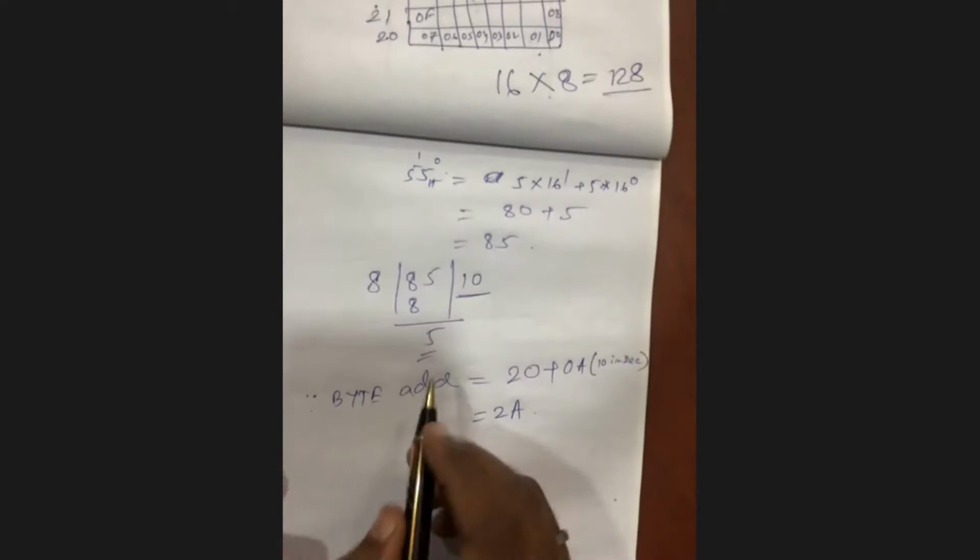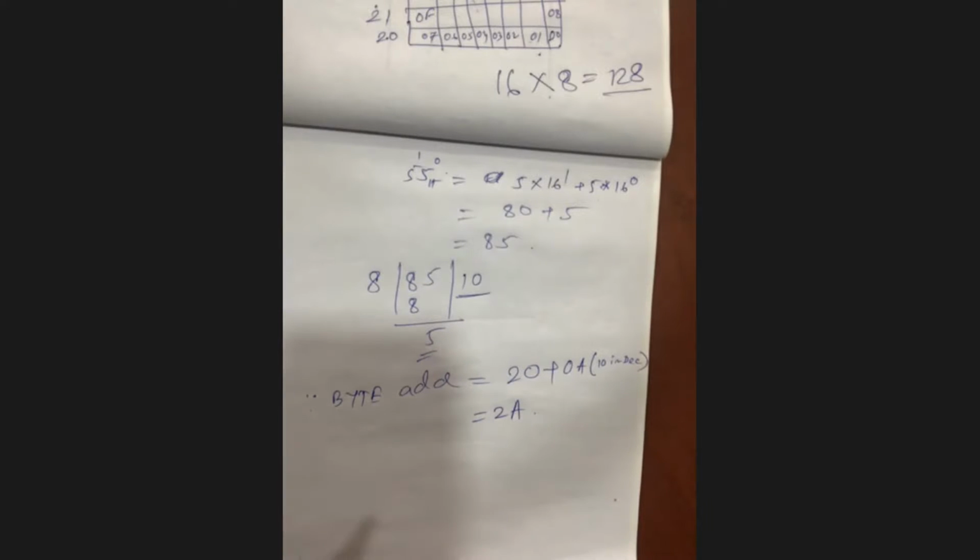Is it clear? Sir, what is the remainder? 5. It will be the D5 bit. You can write: remainder is 5, therefore it's the D5 bit.